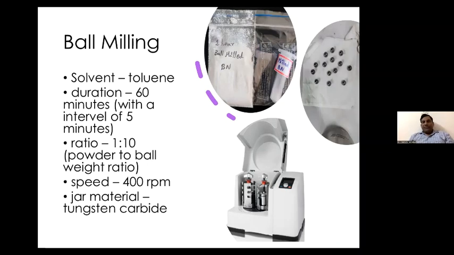The powder to ball ratio we used was 1:10, and the speed was kept constant at 400 rpm, which also plays an important role. That is one parameter we can check further in future: what is the effect of speed in ball milling on the powder size? That is also one thing we can optimize.